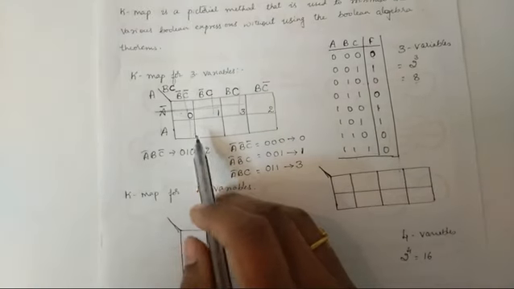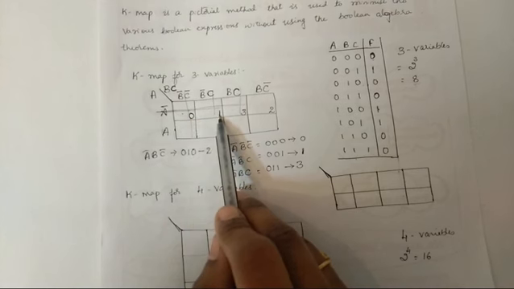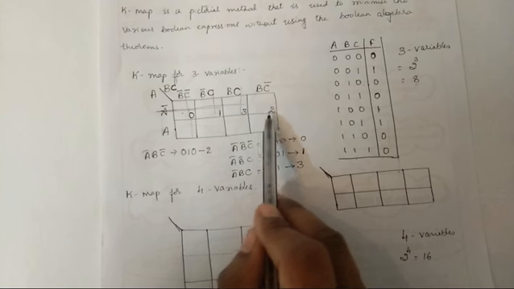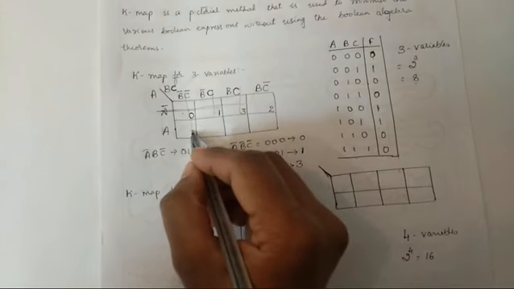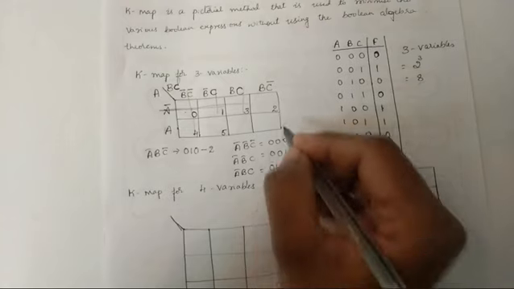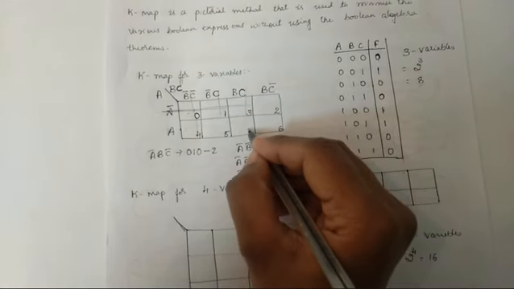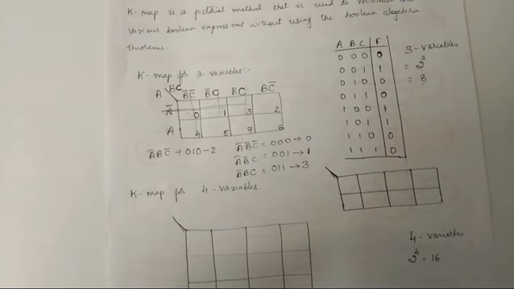Similarly, I'll write all these cell numbers. This is 0, 1. This is 2, 3. And here it is 4. This is 5. And this is 6. This is 7. This is how we write the cell numbers of the K map for 3 variables.